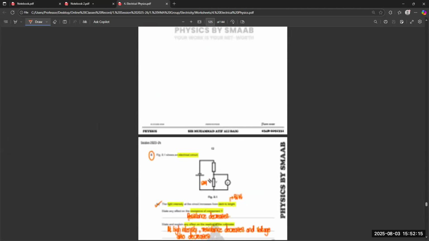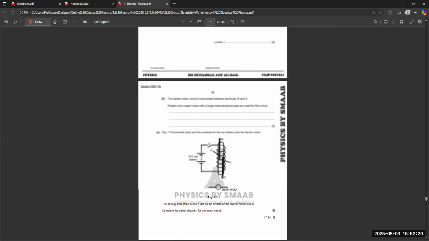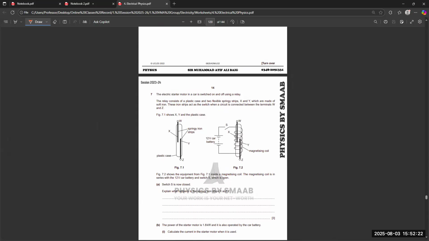So in next class, we will also practice the questions from this topical file and we will solve combined questions from electricity and from electromagnetism plus electromagnetic induction. And after that, you can also practice questions by yourself from this specific section, right?